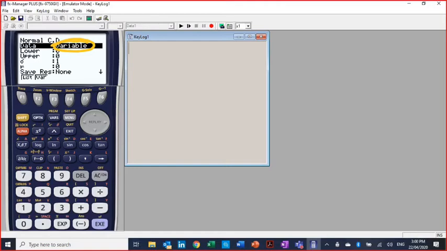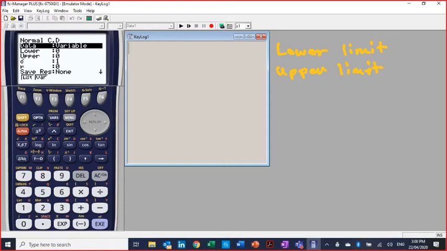Now we have some information that we're going to fill in, so we're going to talk about each one of those. The first thing you see is the lower, and what we're talking about there is the lower limit for your data. Then you have an upper limit for your data.